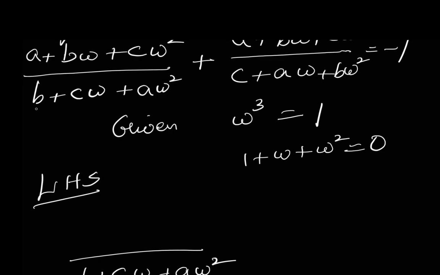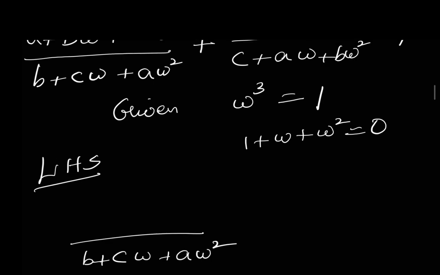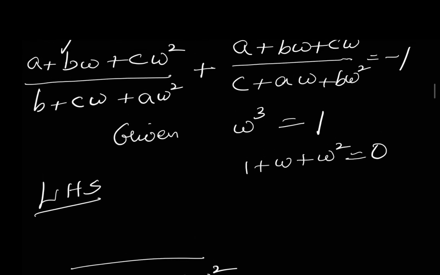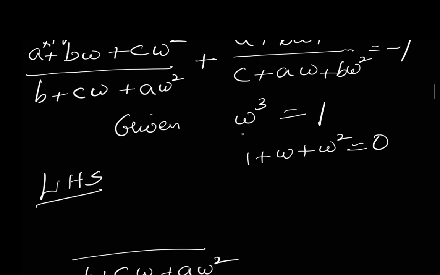See, numerator b omega, but here b alone, so I have to take omega outside. And also here a alone, I multiply a with 1. I replace this 1 as omega cube. So a omega cube, write the rest as it is, b omega plus c omega squared.